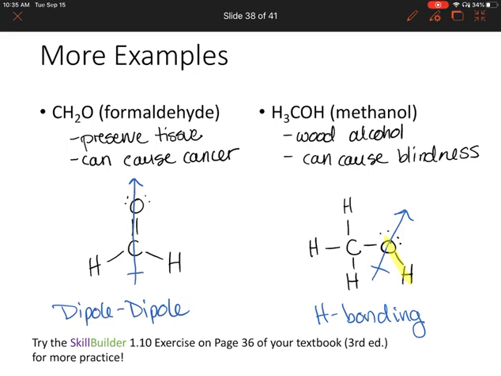Which molecule do you expect to have the higher boiling point? Methanol, right? Because it experiences a stronger intermolecular force with other methanol molecules. So hydrogen bonding is stronger, so it's going to take more energy to break apart those hydrogen bonds compared to formaldehyde. So methanol has the higher boiling point just due to the intermolecular force.